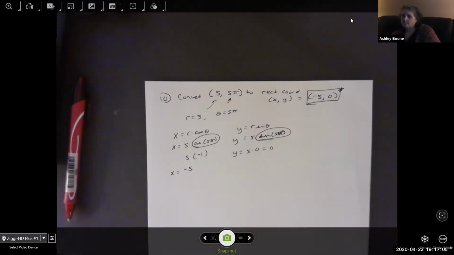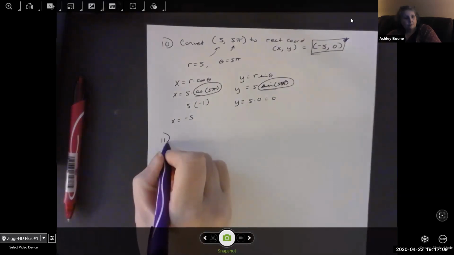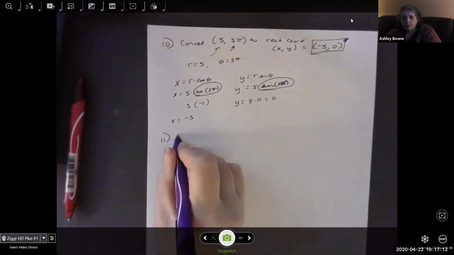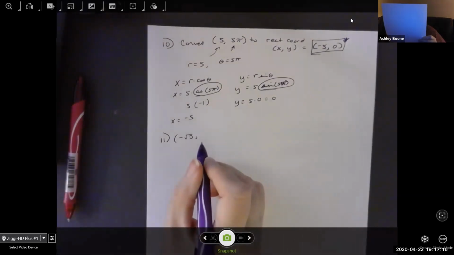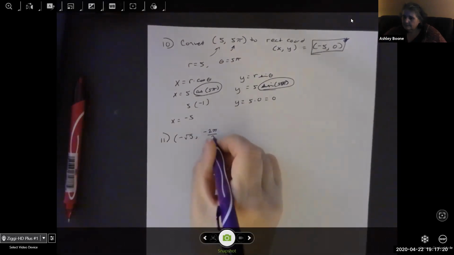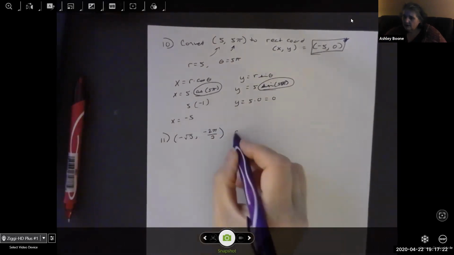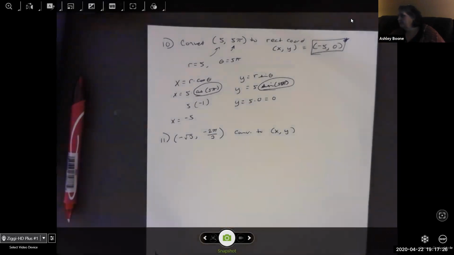Okay. Number 11 is the same type of problem. We have the polar coordinate -√3 and -2 pi over 3. And we want to convert that to the rectangular coordinates x, y.